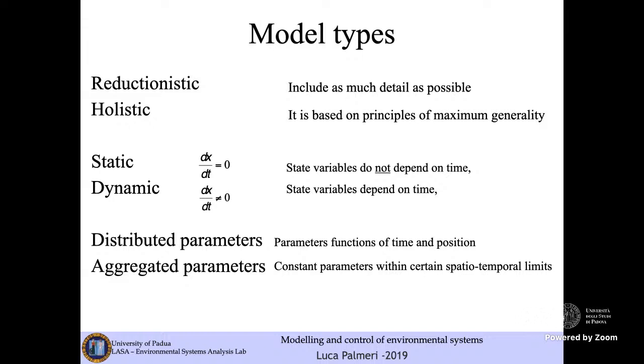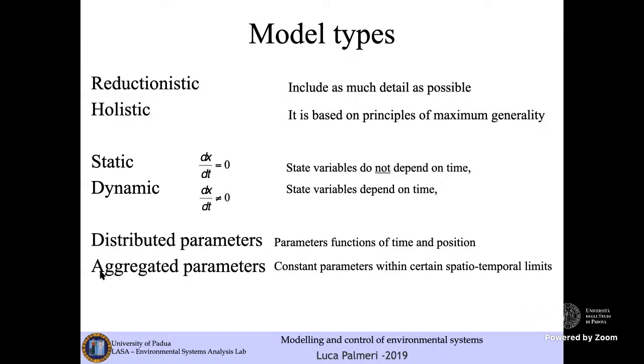We have said that reductionistic models are models in which the modeler tries to include as many details as possible concerning the system, while on the contrary, holistic models are models in which, starting from principles of maximum generality, the modeler tries to introduce a holistic description of a complex system.